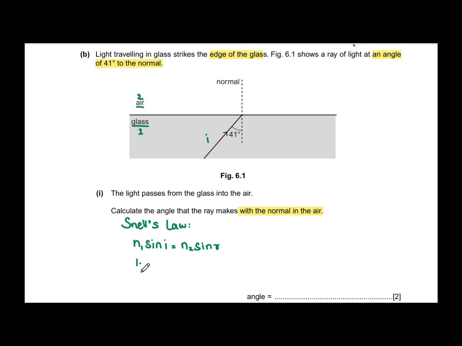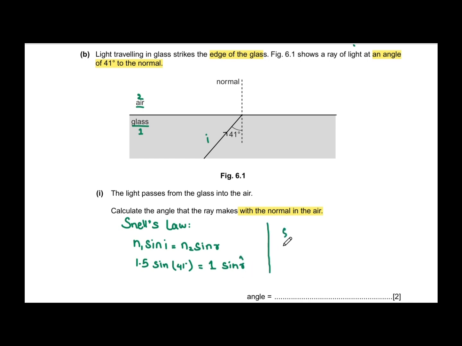So I'll plug in the values. 1.5 is the refractive index of glass multiplied by sine of angle 41 because the incident angle is 41. The refractive index of air is always 1, so I'll put 1 over here, and sine of the refracted angle, which we need to find.